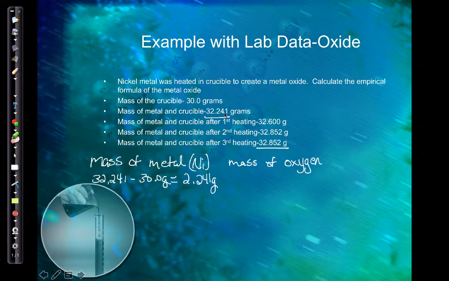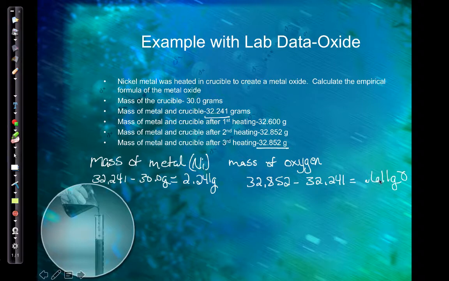So if I take the difference between the mass of the metal and the crucible and then the new mass, I should get the mass of the oxygen that I've added. And that gives me 0.611 grams of oxygen.